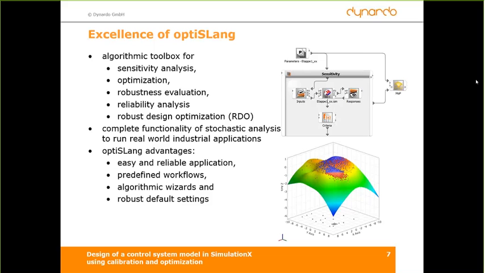Algorithmic Wizard helps to construct a graphical optiSLang workflow and to analyze your simulation model. All our algorithms have very robust default settings. That's why it is not necessary to be an expert for optimization and to know all the details about the algorithmic backgrounds.